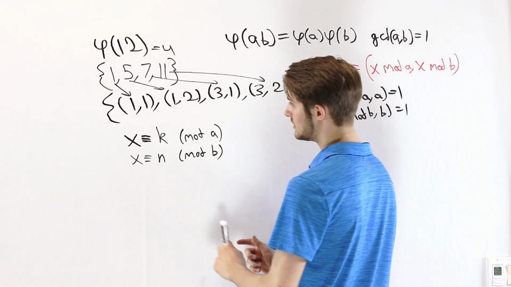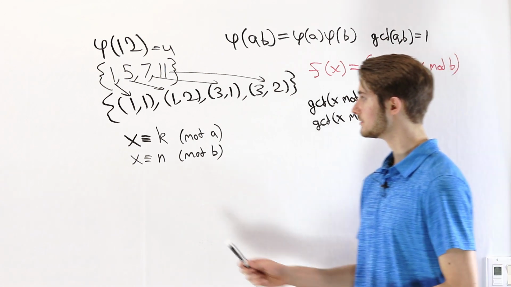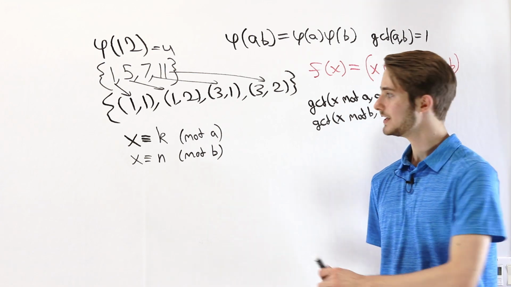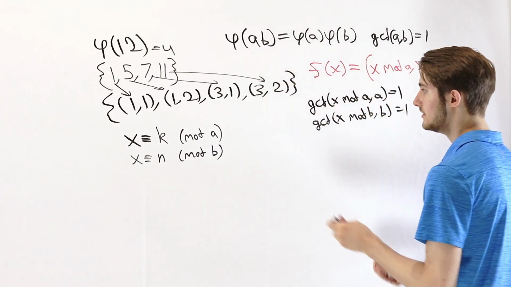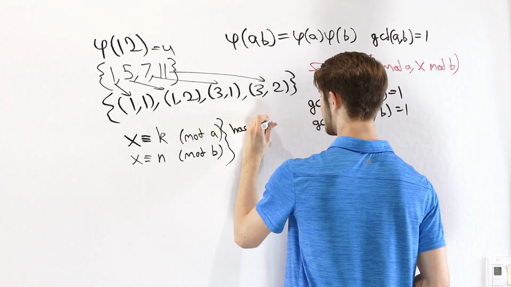The Chinese remainder theorem says that if we have a system of two congruences, where we have x is congruent to some number k mod A, and x is congruent to some number n mod B, this system of congruences has a solution.